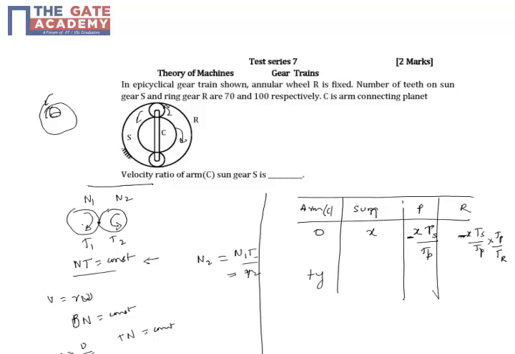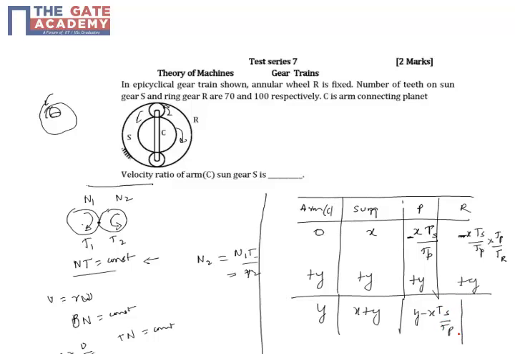Now we give Y rotation to the arm, so we just add Y to everything. Summing up, these are the total velocities: Y minus X into TS by TP, and Y minus X into TS by TR.